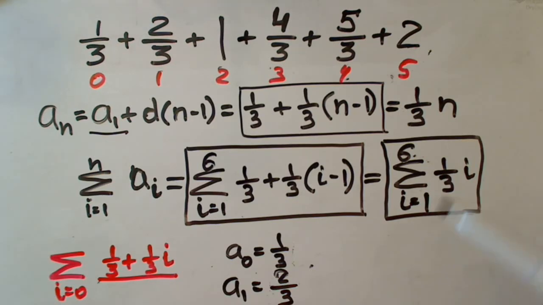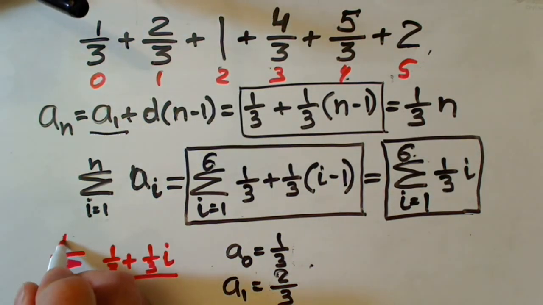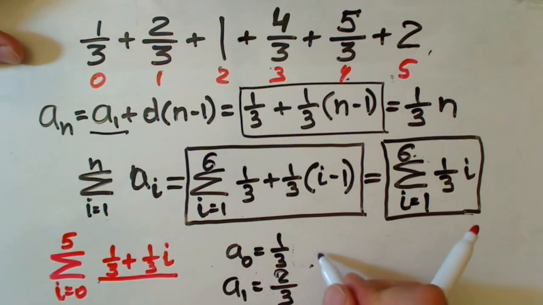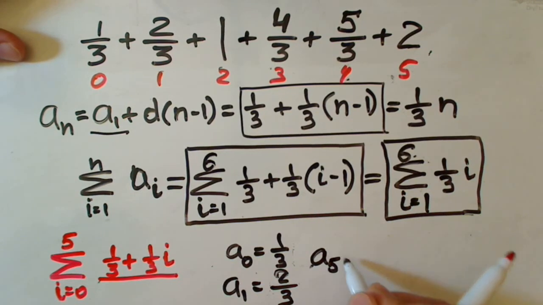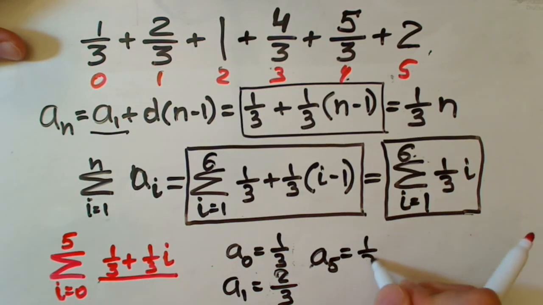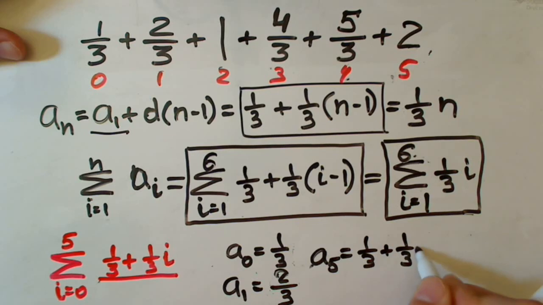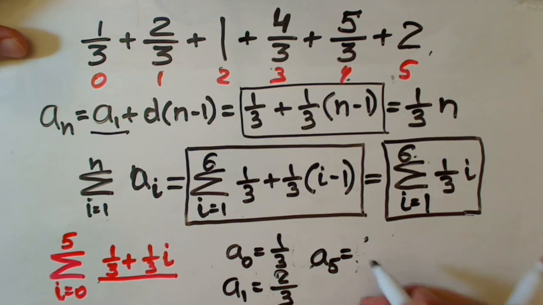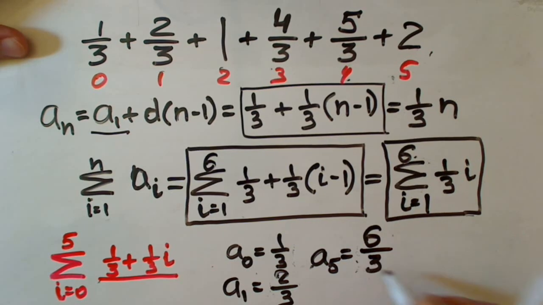Okay, let's find our last term, but in this case our last term is actually the 5th. That's why the last value here is now not 6, it's 5. Let's check if it will be 2. a5 equals 1/3 plus 1/3 times 5, and 1/3 times 5 is 5/3, plus 1/3 will be 6/3 or 2.